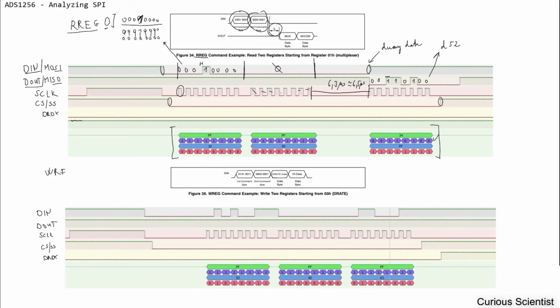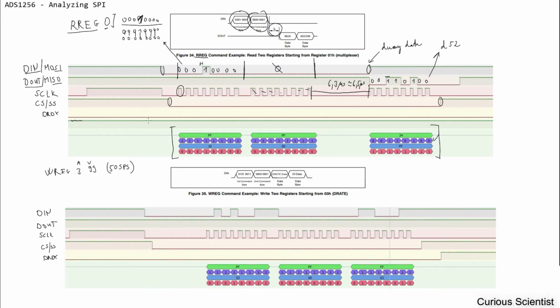So we want to write a register. We want to write the third register. So this is the address, and then the value of the register should be 99, which will instruct the AD converter to set the data rate register to 99, which is a 50 SPS sampling rate.